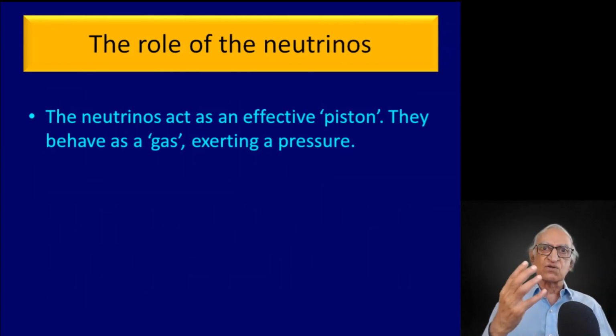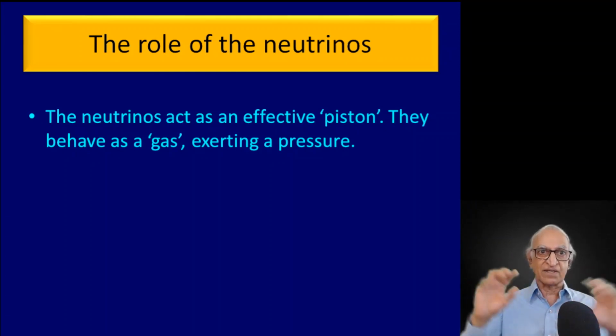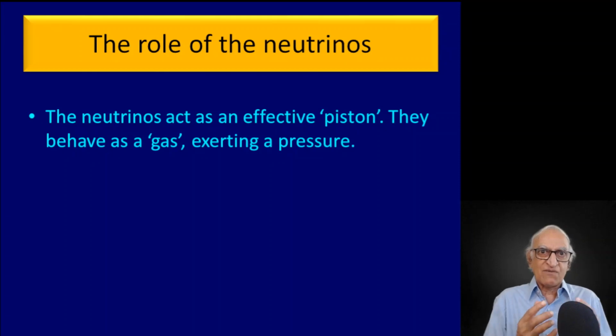Therefore, the neutrinos act as an effective piston. If you remember, photons in a star act as a piston. That is why radiation pressure helps to support the star against gravity. But one never thought neutrinos would behave like a gas and exert pressure.